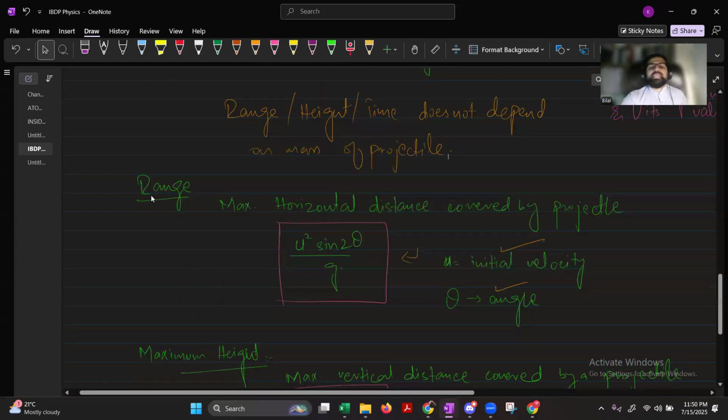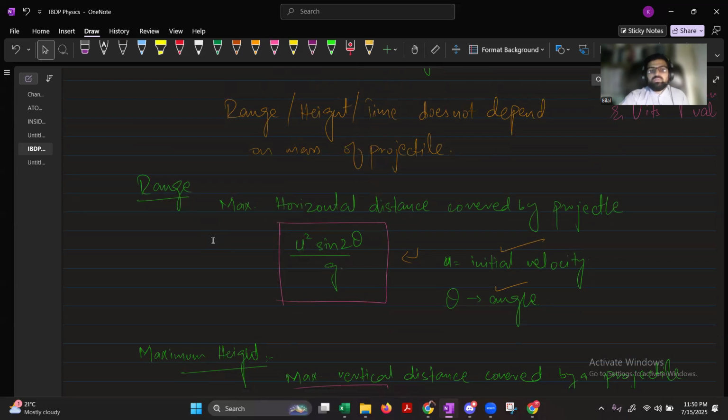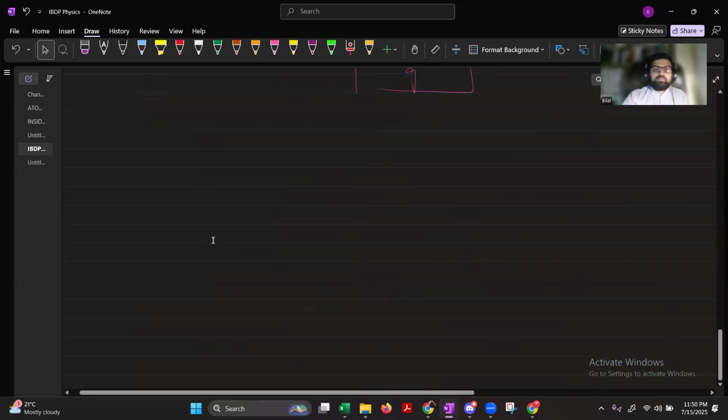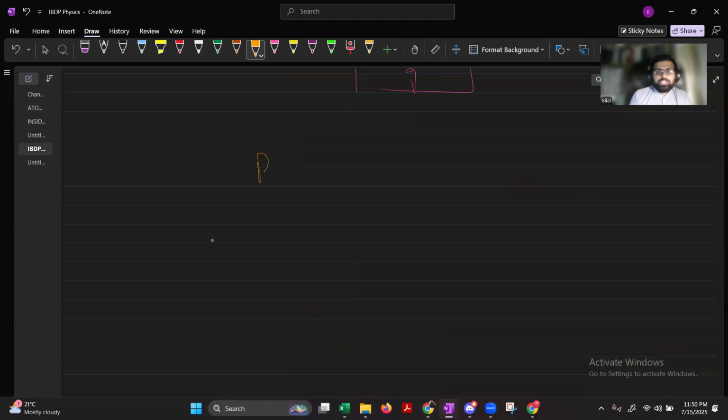Now let's discuss what will happen if you double the speed and if you double the angle of range. If you see the formula of range, it is u squared sine 2 theta over g.